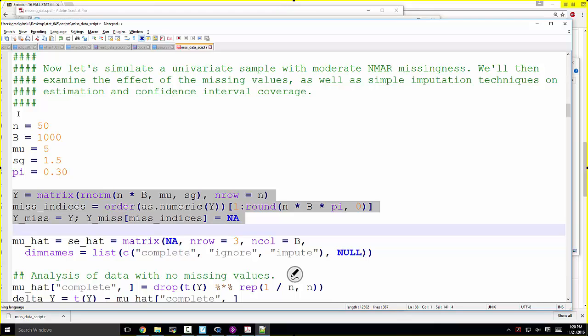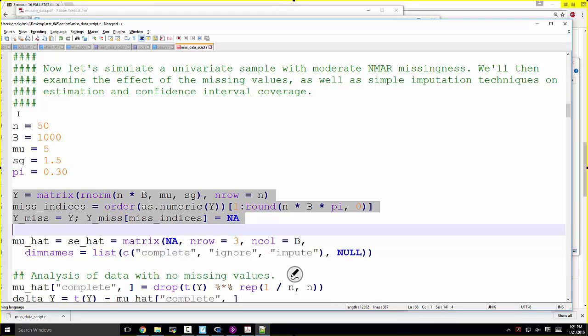Instead of just completely picking randomly from the 50 observations in each simulation to create missingness, we're going to order the 50 observations within each simulation, and the top values will be censored, missing.